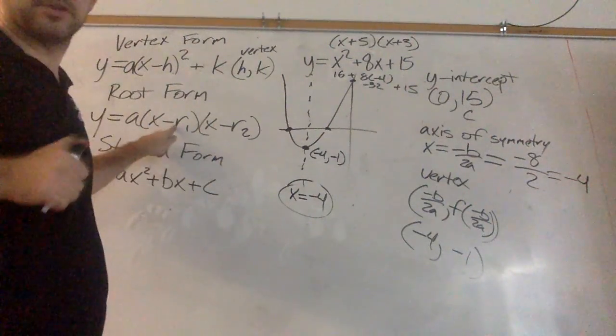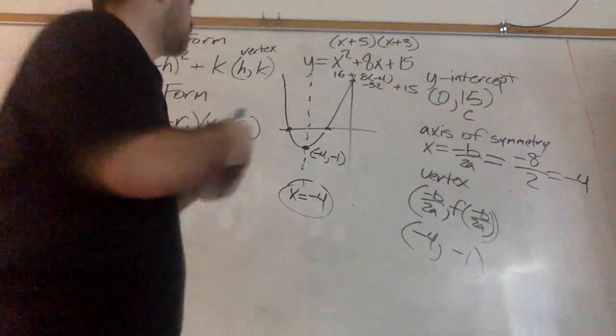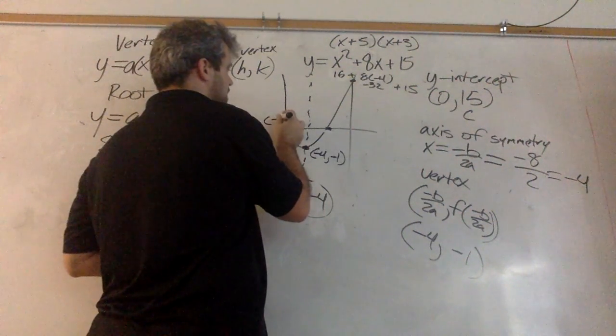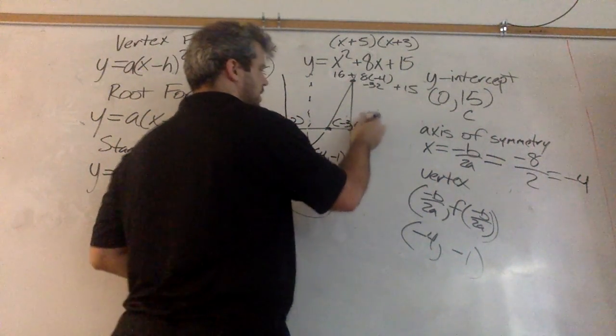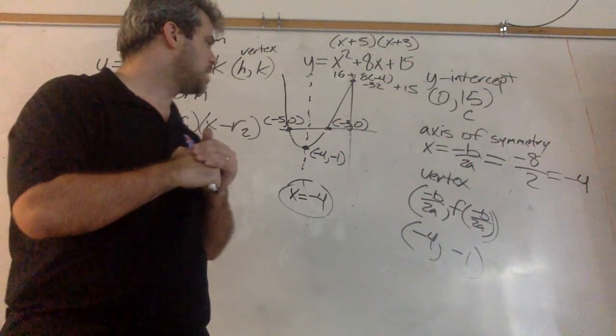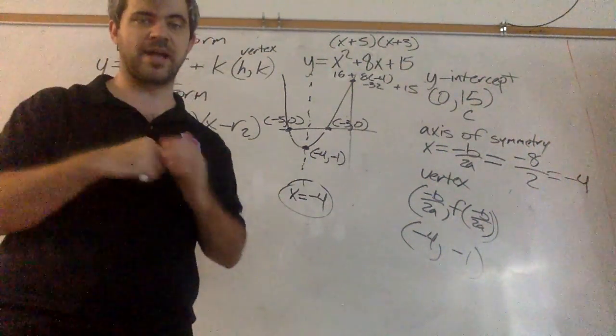Now remember, there's negative signs here, so we have to flip these to get our intercepts. So we wind up with negative 5, 0, and negative 3, 0. Those wind up being our two roots, our x-intercepts.